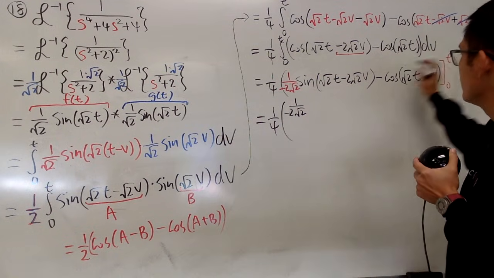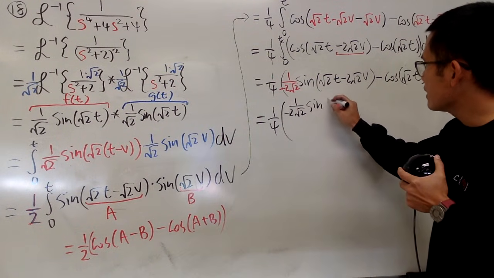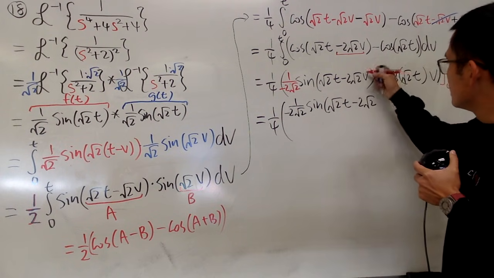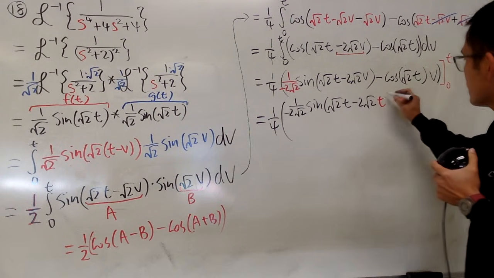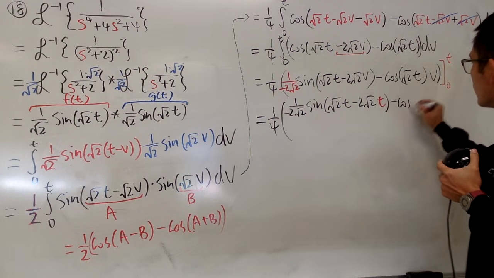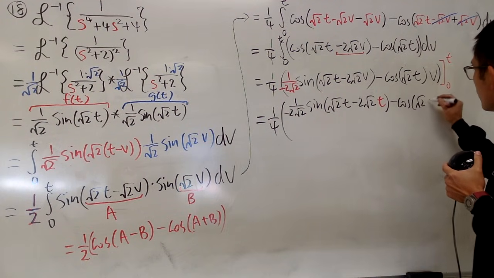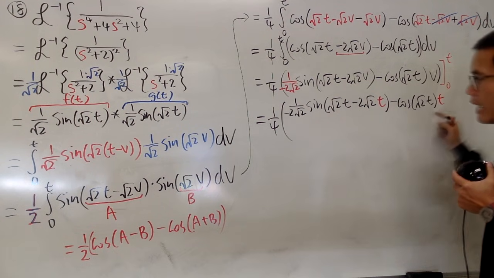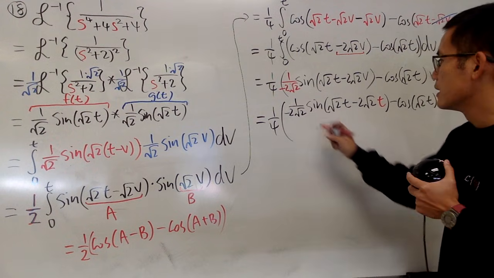And then plugging t into phi, so we have sine of square root of 2t minus 2 square root of 2. This becomes t now, so that's good. And then we have minus cosine square root of 2t. And again, this is a t now, right? So that's the first part.